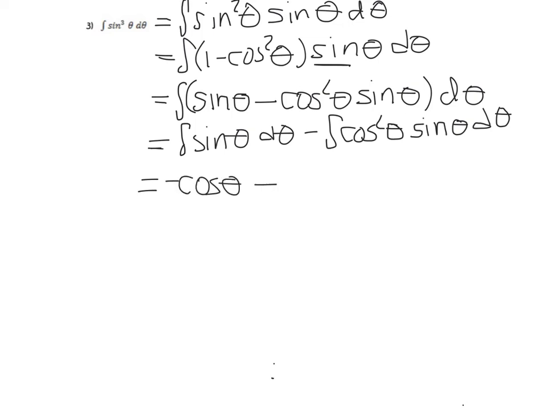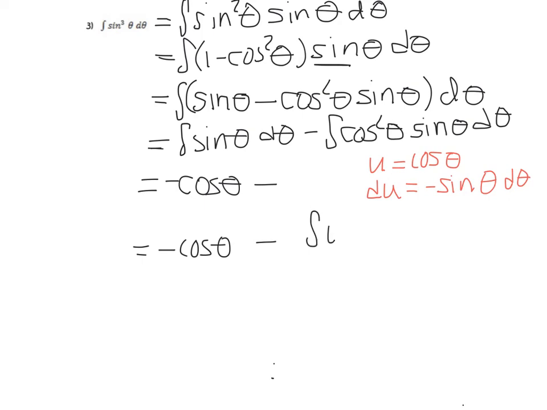And then for this one, we need the changing variable technique. And we're going to make u equals cosine of theta. And its differential will be negative sine of theta times differential of theta. And we're going to do the substitution. So we have the first integral here, negative cosine of theta, minus the integral of u squared, which is cosine, times negative 1 times differential of u.